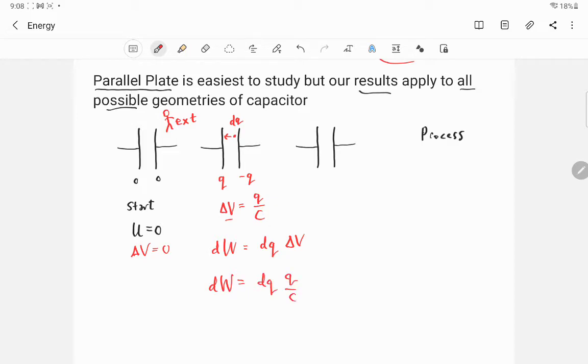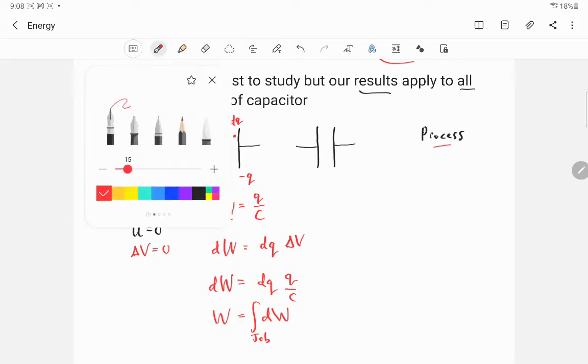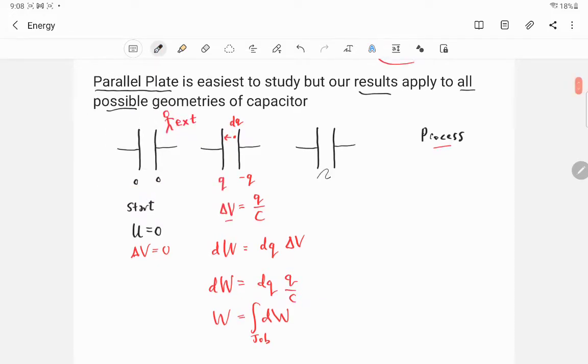So in order to calculate the work required, we're going to add up all of the small amounts of work to finish the entire job, right? So the result of the process is to change the charge separation from 0 into a final charge separation.